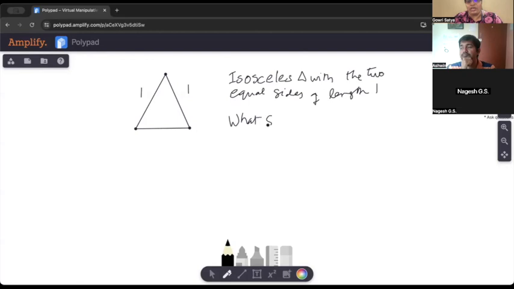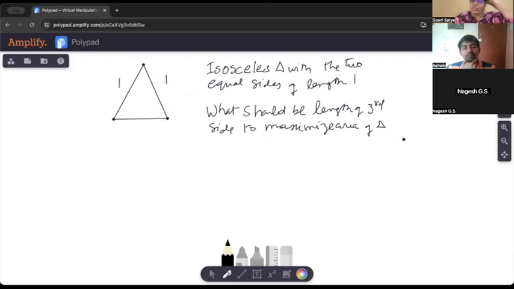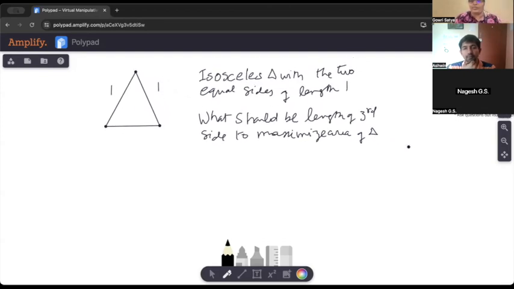What should be the length of the third side to maximize the area of the triangle? Okay, so can we all take some time to work independently and we'll come back to this?